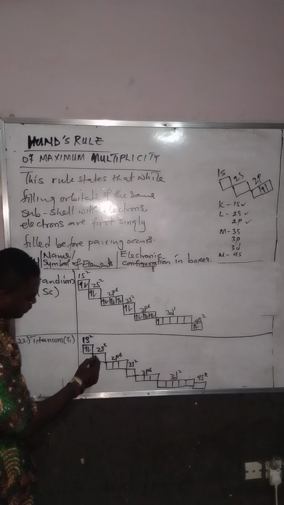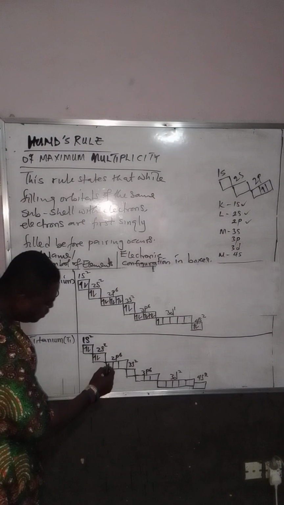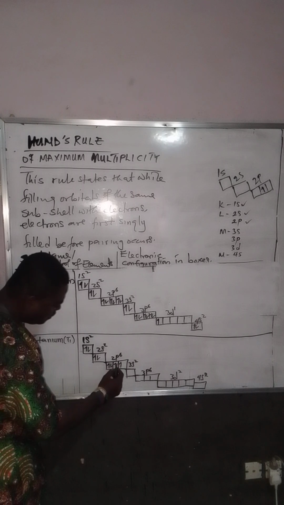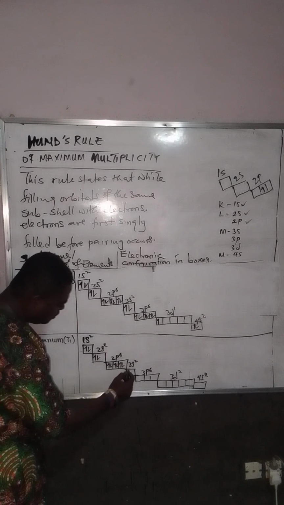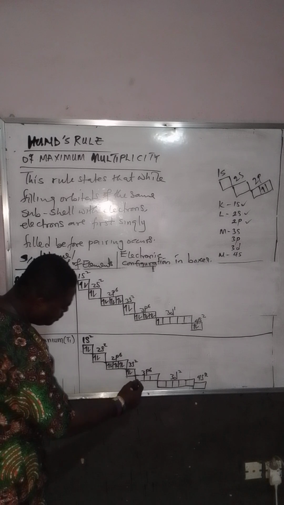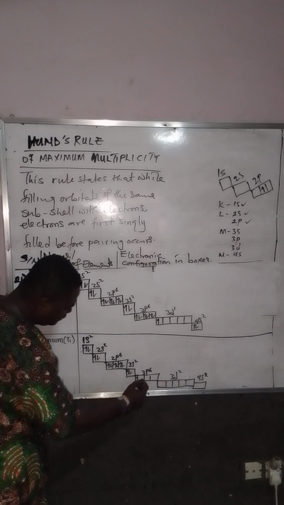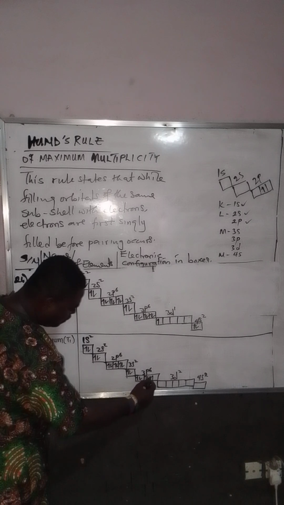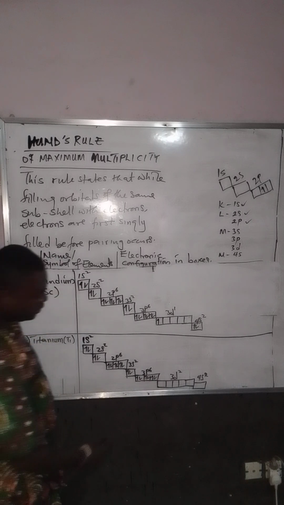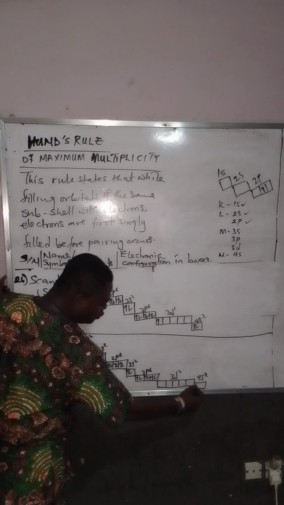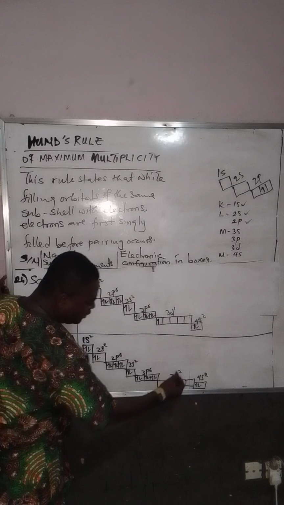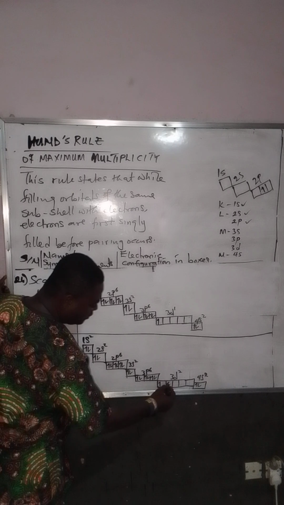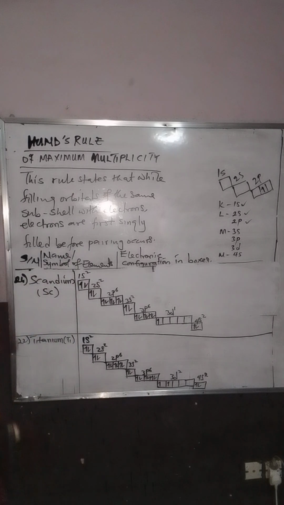Singly 1, 2, 3, 4, 5, 6, then pair. Now this one, put here 1, 2. Then here, 2 electrons occupy 5 boxes. Put one here, 1 and 2, and it's okay.